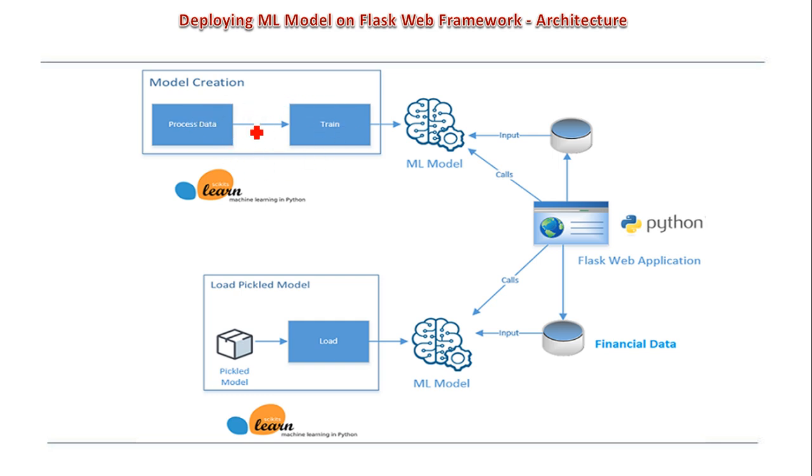Once we have created the model, I am deploying that model on the Flask framework to see the runtime, that is real time data. The real time data we can give to the model, and then it gives the predictions. Those predictions we can see on the front end, and the financial data is what I am taking here. This is my financial data.